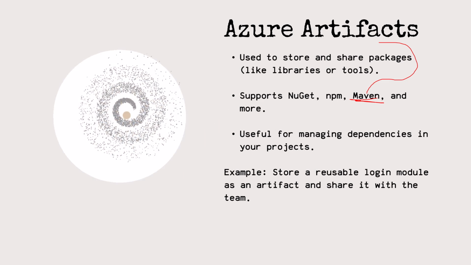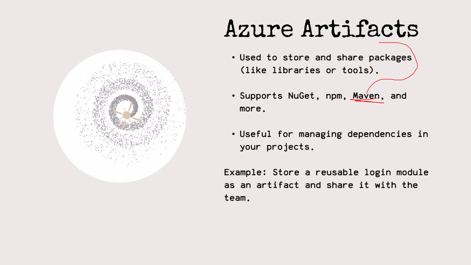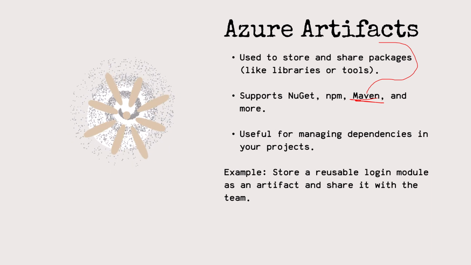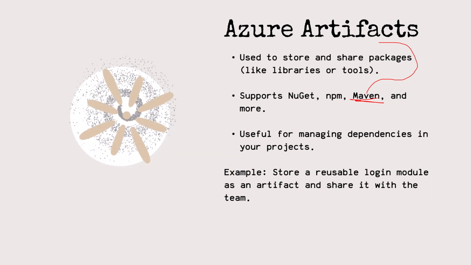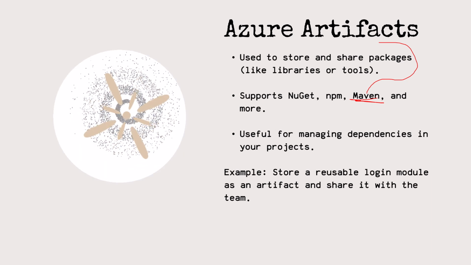Say for my project I require some external dependency, then Artifacts would provide those dependencies. Basically, it is a library. So to run your application, whatever tool you require will be provided by Azure Artifacts.